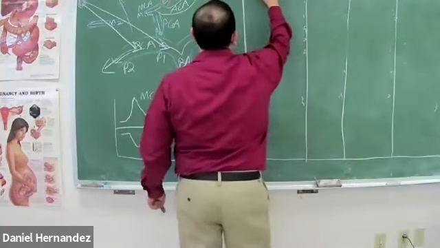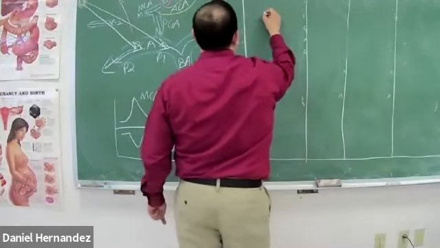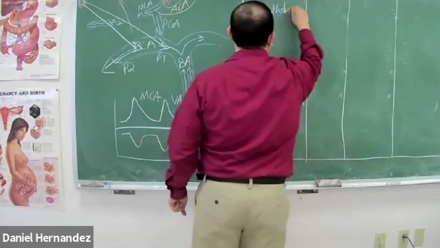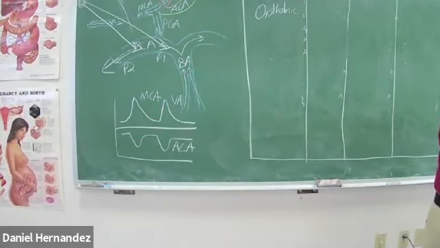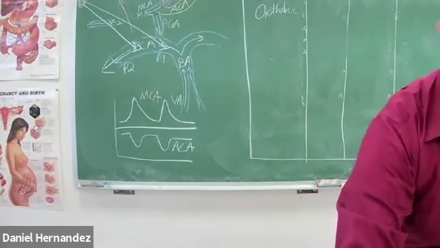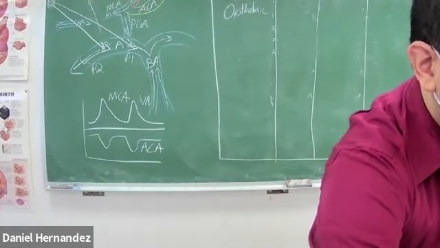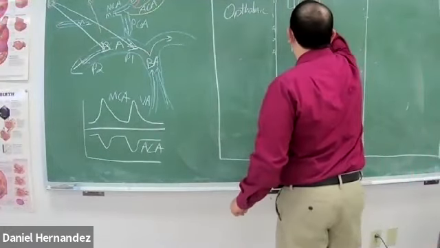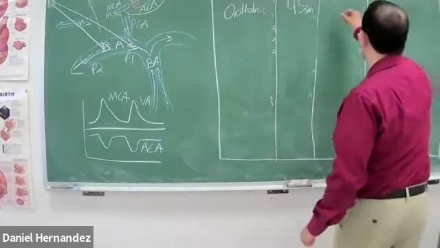All right, so then transorbital. Our reference depth is going to be 45 millimeters. Mean velocity is going to be 21.